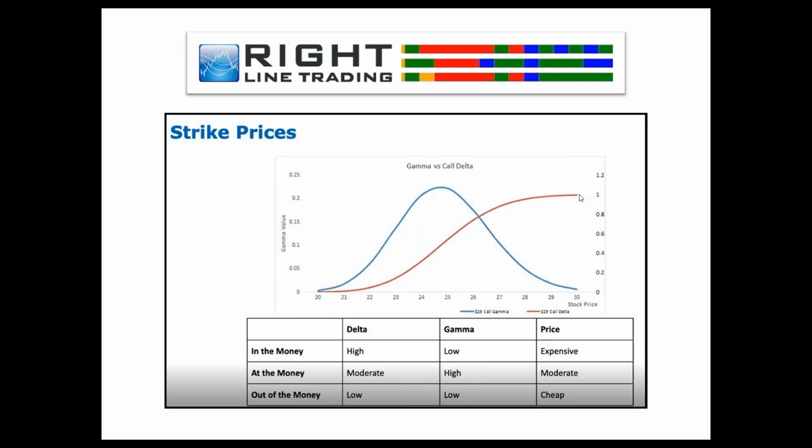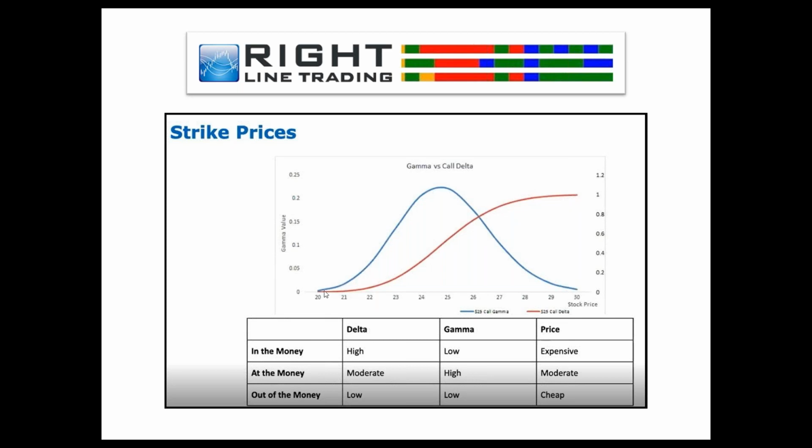If we buy deeply in the money where the gamma has come all the way down close to 0, we're not using leverage at all. Again, if the stock goes up a buck, the option goes up a buck. If the stock goes down a buck, the option goes down a buck. We have no leverage on the trade whatsoever.